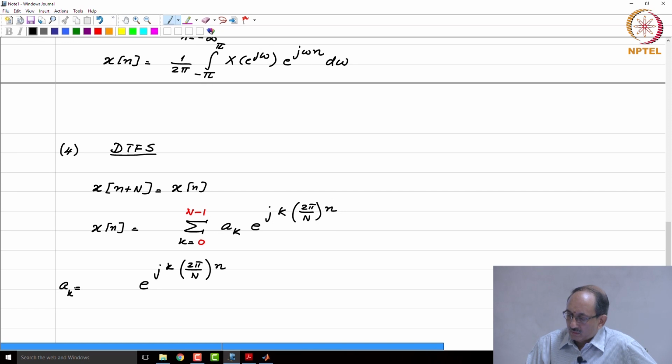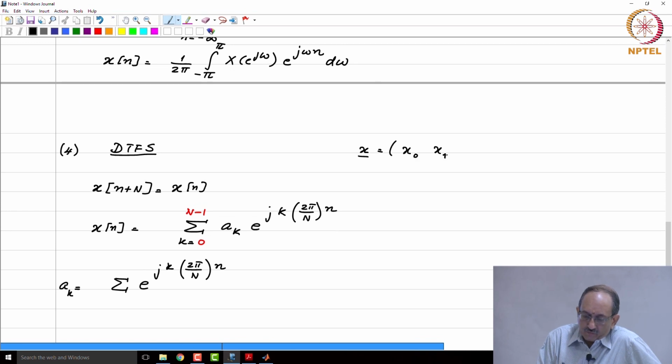Now, what happens here? You can now think of this x of n as a vector. I am using the subscript notation here for simplicity, x_0 is really x of 0.